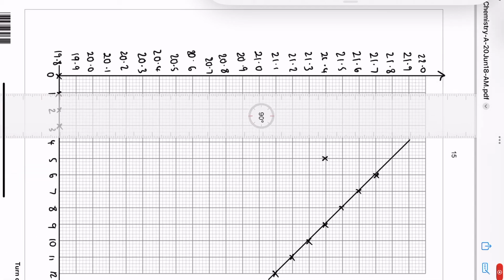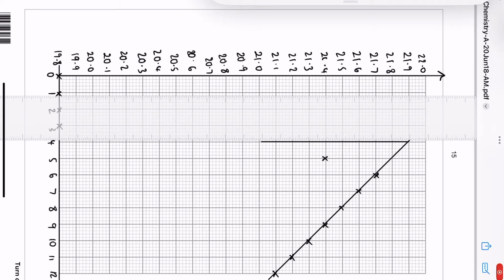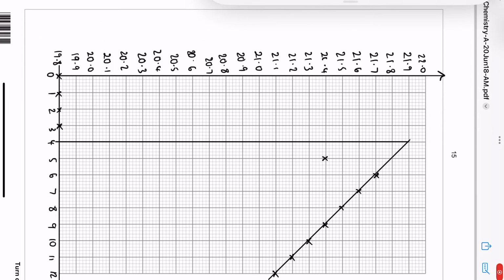And then I'm going to join these 2 lines together. In order to read my temperature rise, which is 21.9 minus 19.8, which is 2.1 degrees C.